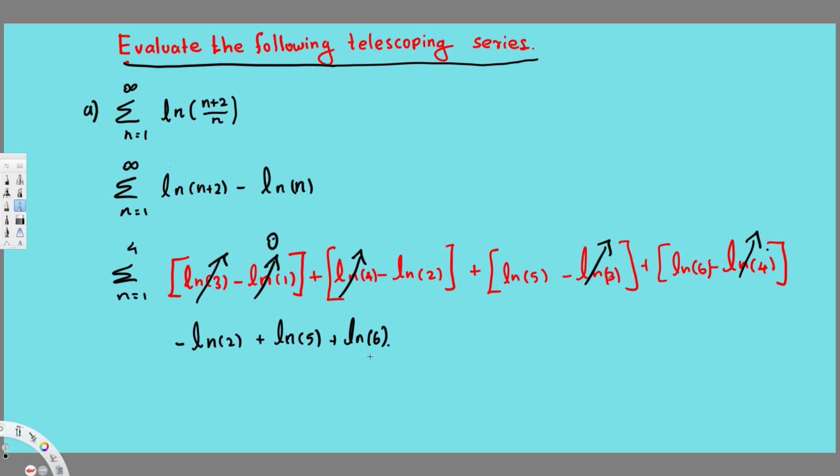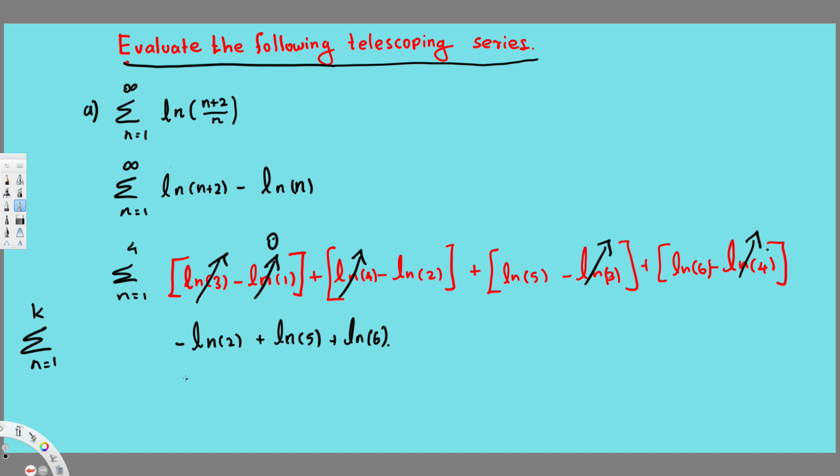And what happens if we go to 5? We are going to have ln 7 minus ln 5. Then ln 5 and minus ln 5 cancel, and we are going to have ln 7. So it seems like this negative ln 2 is not going to cancel, it's always going to remain the same. Let's say we have sigma n equals 1 to k, a random number.